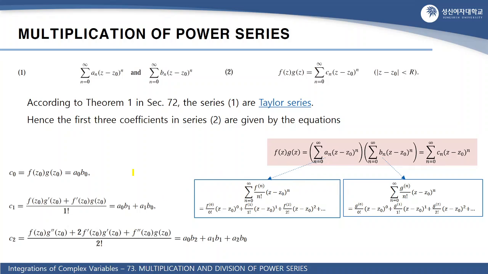According to theorem 1 in section 72, the two series are Taylor series. Hence, the first three coefficients in series 2, which means the product of f(z) and g(z), are given by the equations using the Taylor series of f(z) and g(z).